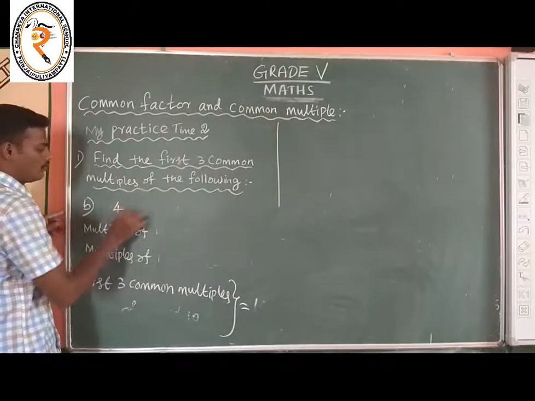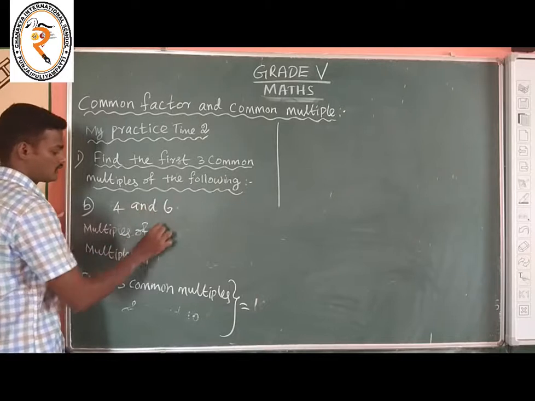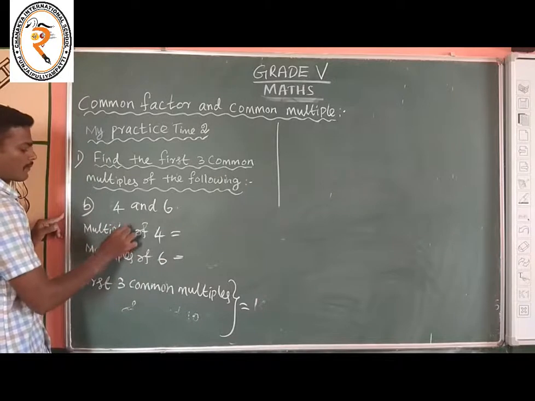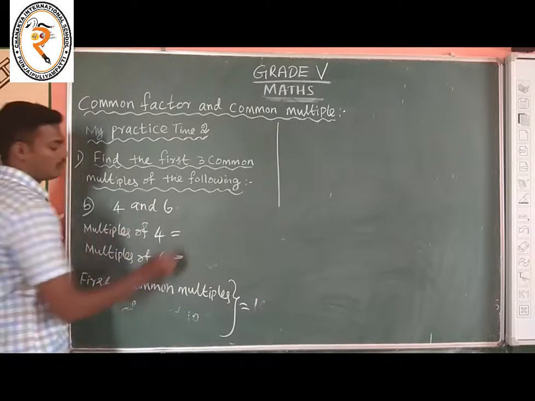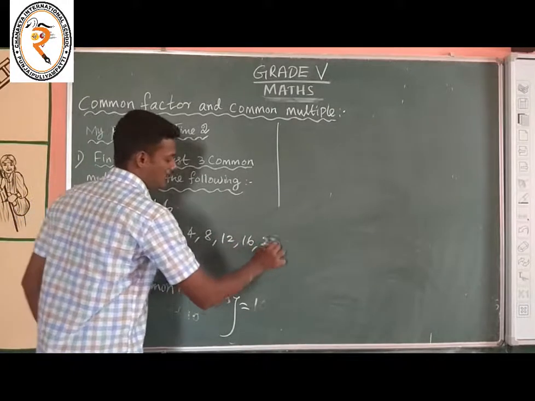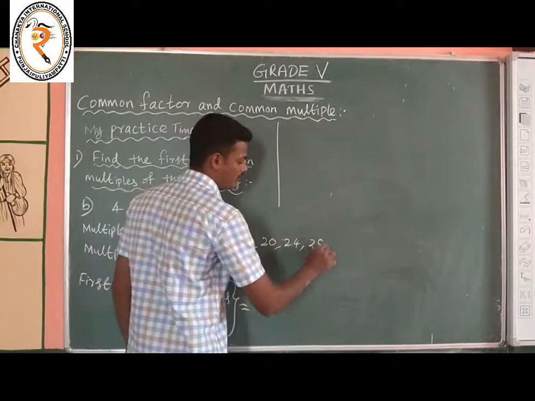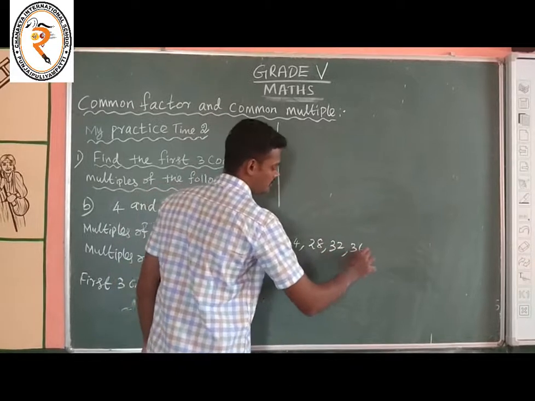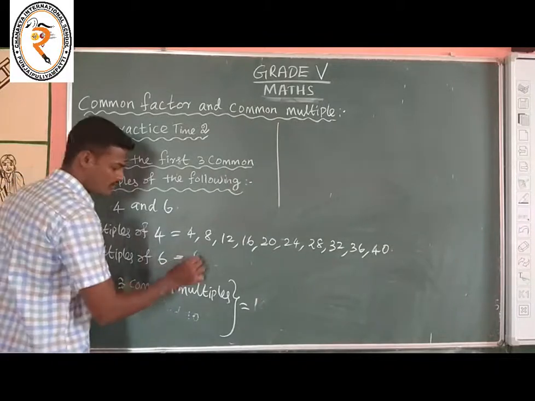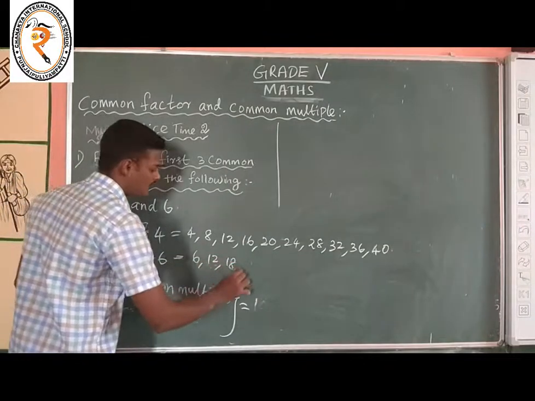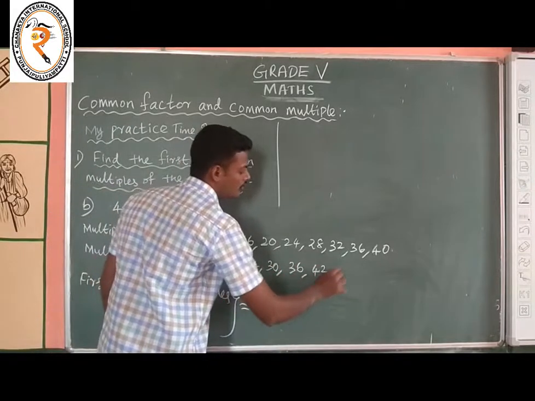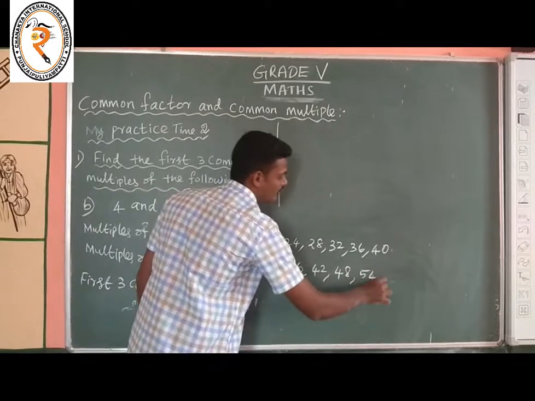The fourth table: 1 4s are 4, 8, 12, 16, 20, 24, 28, 32, 36, 40. The sixth table: 6, 12, 18, 24, 30, 36, 42, 48, 54, 60.